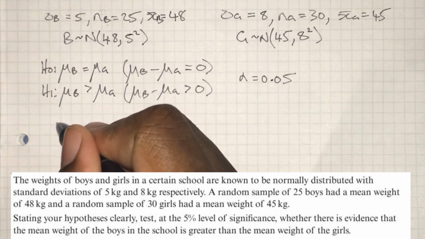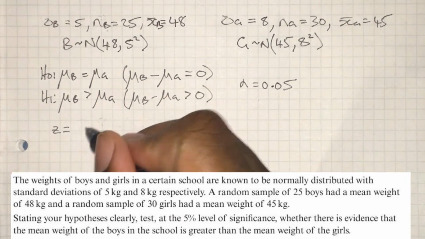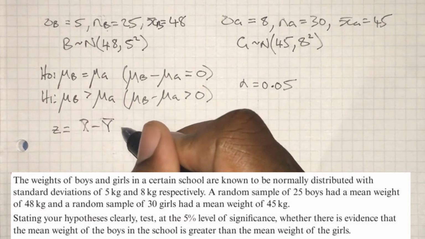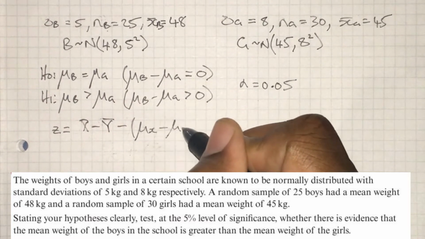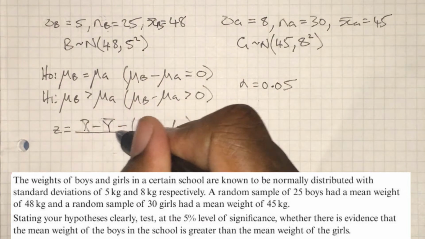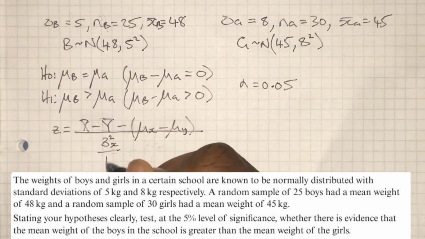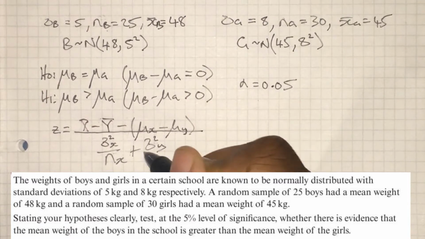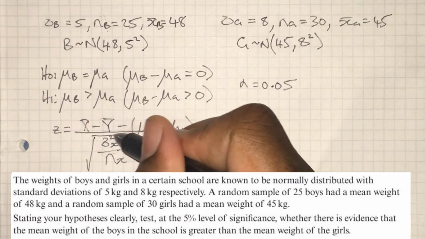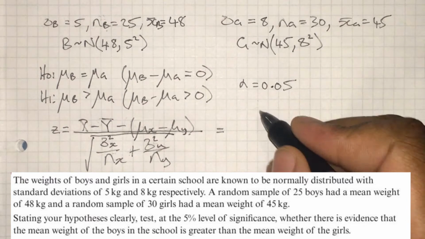Our hypothesis always has a significance level, and here we're going to make use of that z-score test statistic. So I'm just going to write it out in full. This is exactly what you get in the formula book, and then I'm going to substitute in our appropriate values.